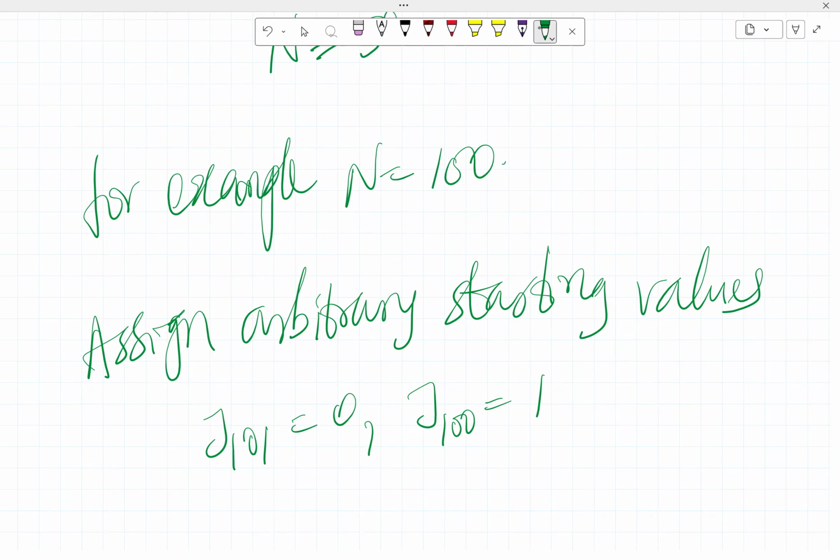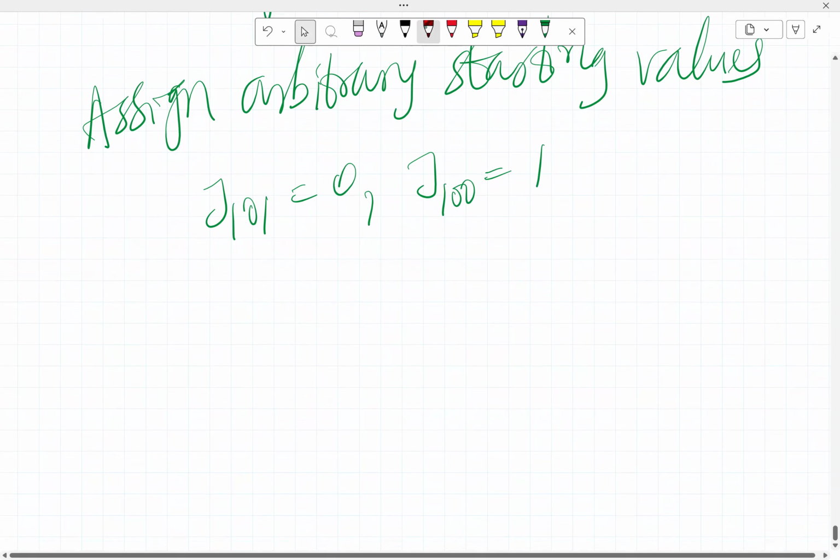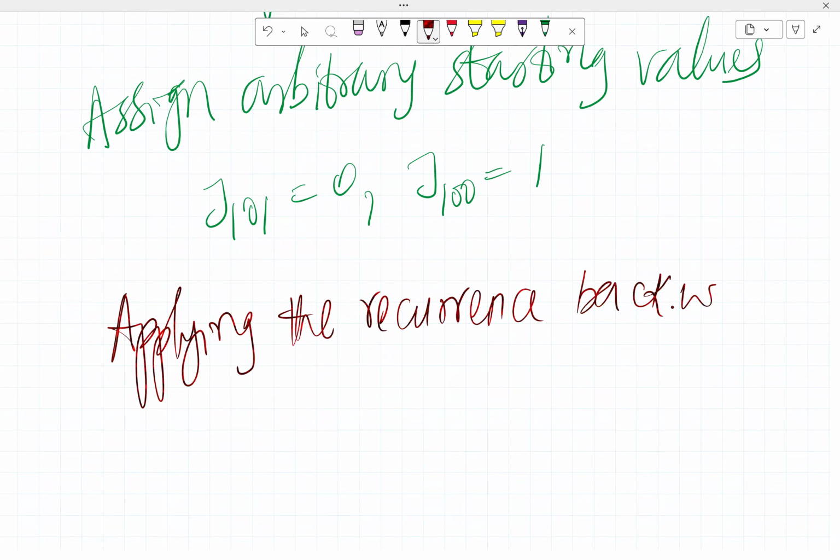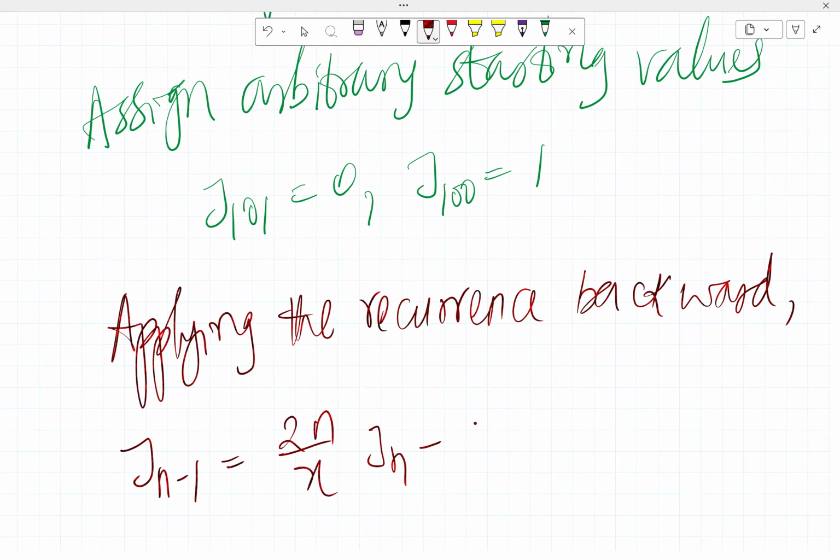So in that case, if we apply the recurrence backward, we have Jn minus 1 equals 2n over x Jn minus Jn plus 1.